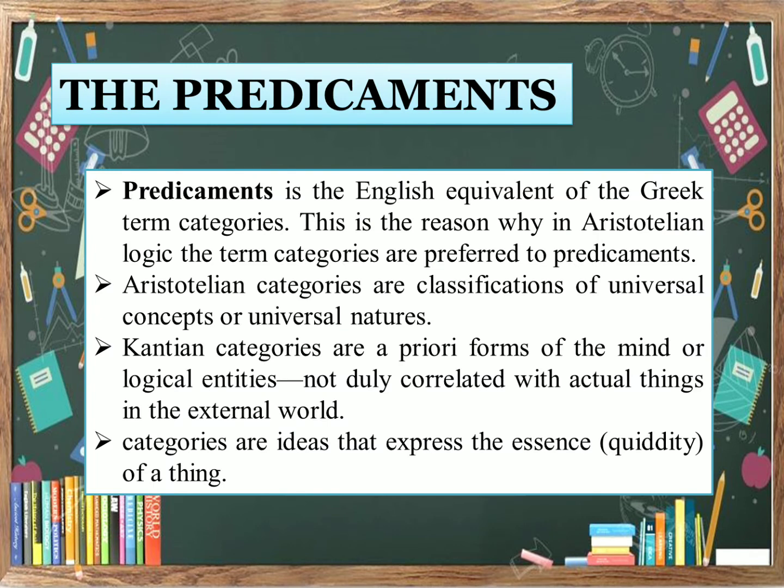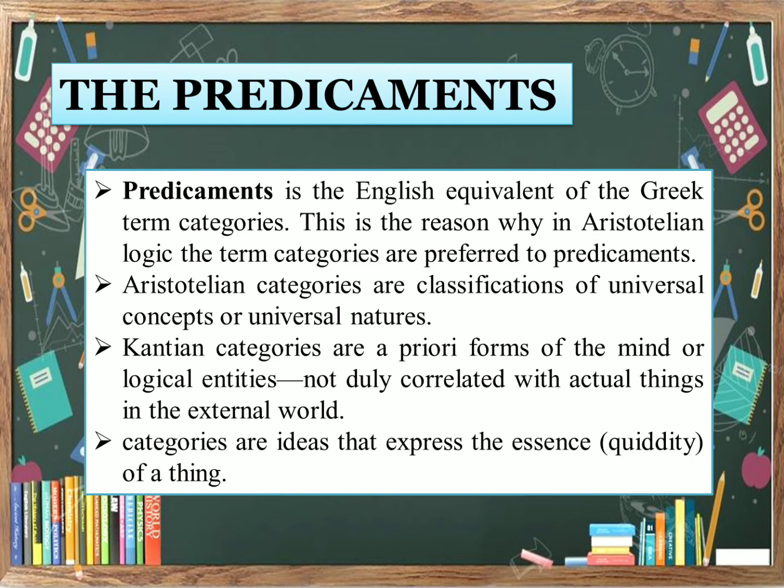The predicaments. Predicaments is the English equivalent of the Greek term categories. This is the reason why in Aristotelian logic the term categories is preferred to predicaments. Aristotelian categories are classifications of universal concepts or universal natures.